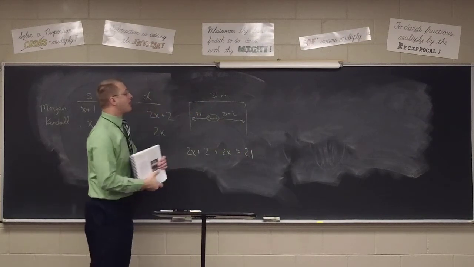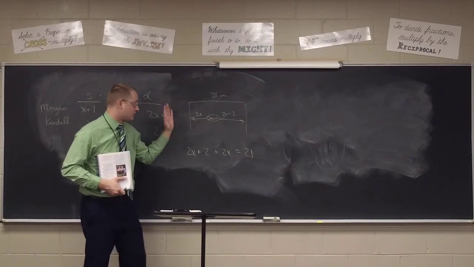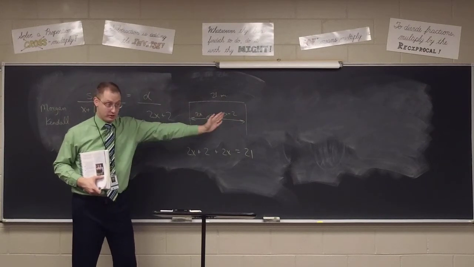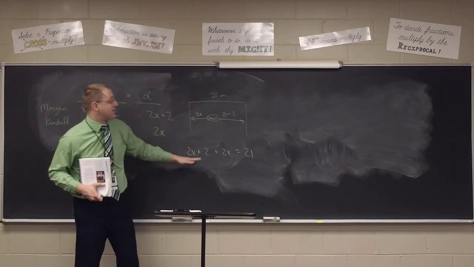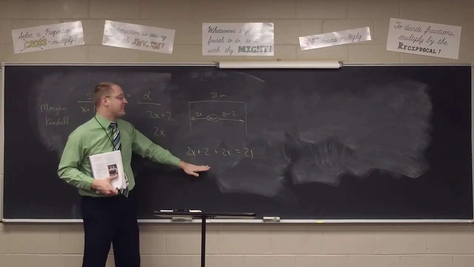Good, because they're going in opposite directions, you would have to add the distance of the one plus the distance of the other to equal the 21 miles. Do we see that? Will we always add the two distances? No, because this isn't always a total distance, but it is here.